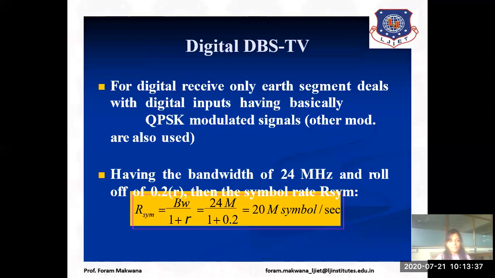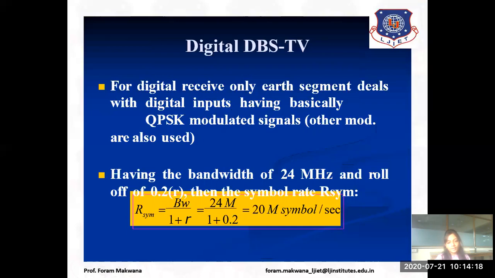Now, what do you mean by digital DBS TV receiver? For a digital receiver, only the earth segment deals with the digital inputs, which are modulated, basically QPSK, quadrature phase shift keying modulated signal, or we can also use another modulation system. But if we consider that our bandwidth is 24 megahertz and our roll off factor is 0.2, then what is the symbol rate?